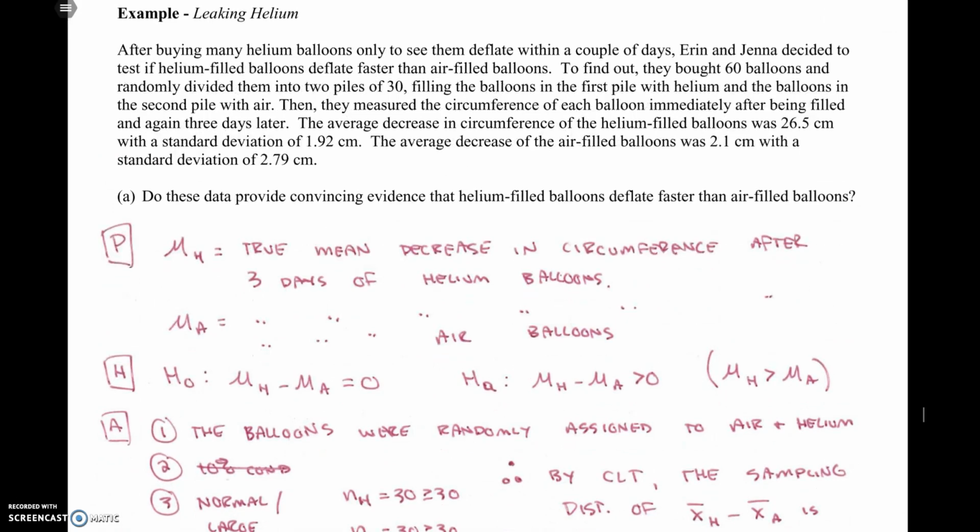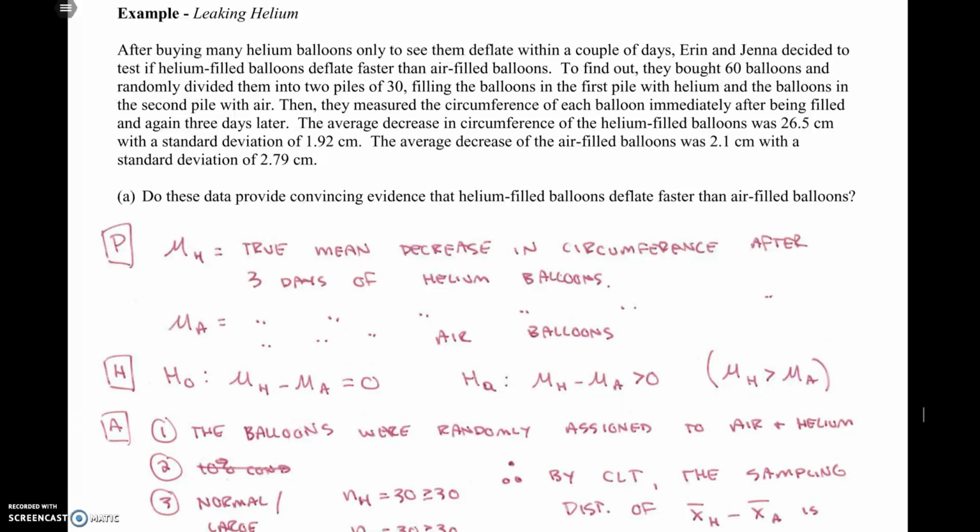After buying many helium balloons only to see them deflate after a couple of days, Aaron and Jenna decided to test to see if helium-filled balloons deflate faster than air-filled balloons. To find out, they bought 60 balloons and randomly divided them into two piles of 30, filling the balloons in the first pile with helium and the balloons in the second with air.